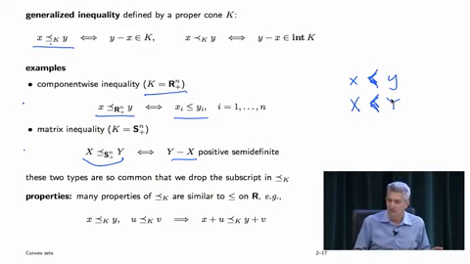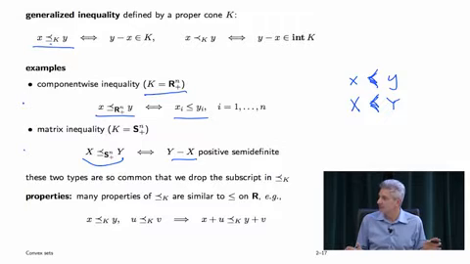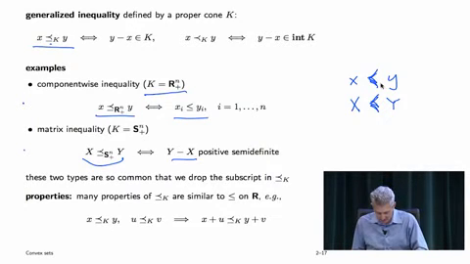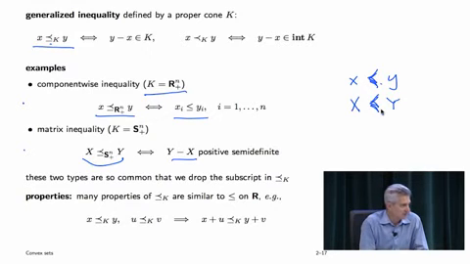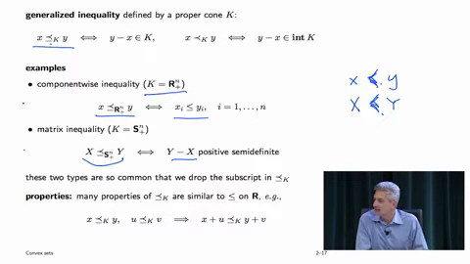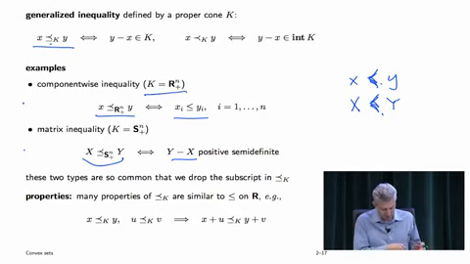The default subscript that you will fill in is R+^n and S+^n here, okay? Meaning, if you see x squiggly y and they're vectors, it means element-wise, and if they're symmetric matrices, it means with respect to the positive semi-definite cone. Okay, so these are kind of standard.